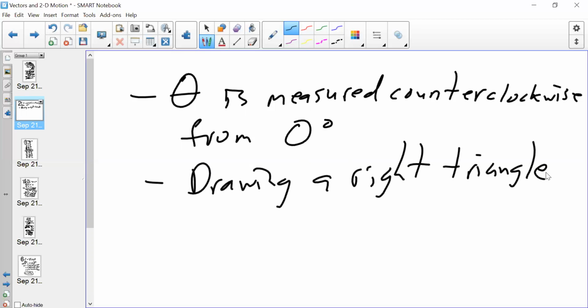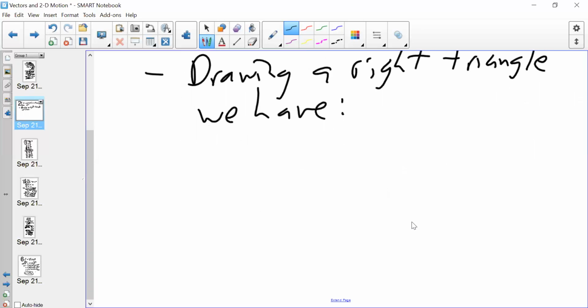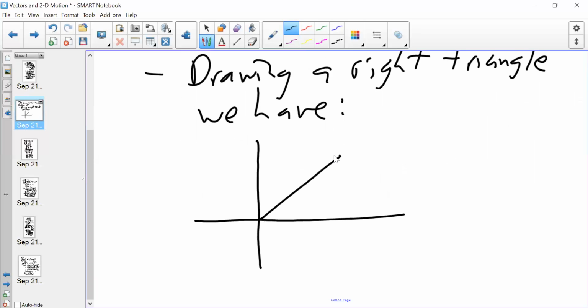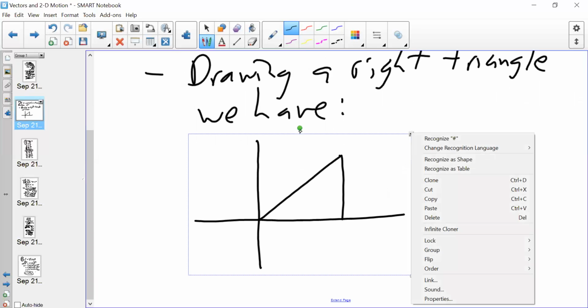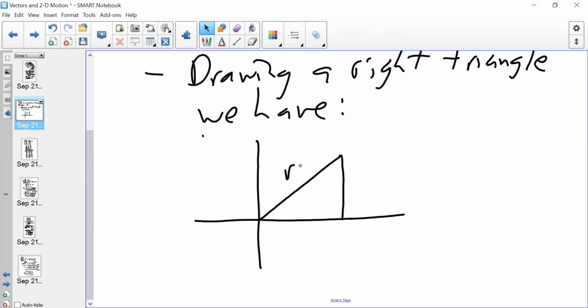So drawing a right triangle with sides X, Y, and R, we can define X and Y and R in terms of trigonometric identities.